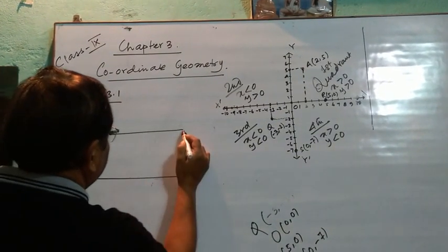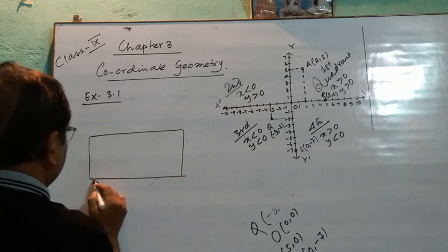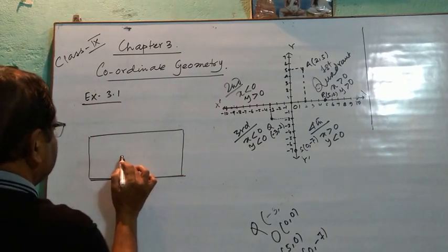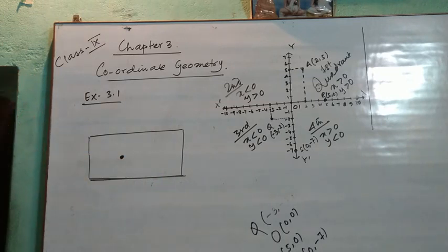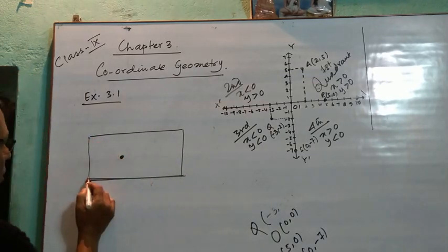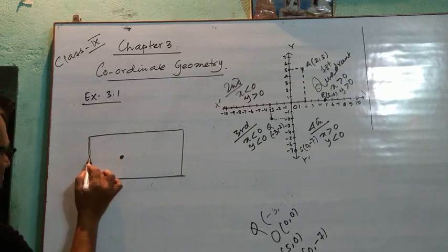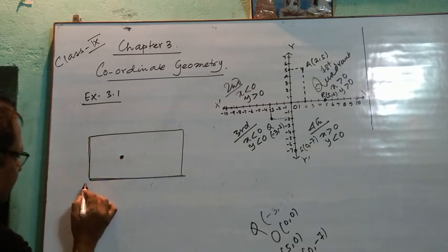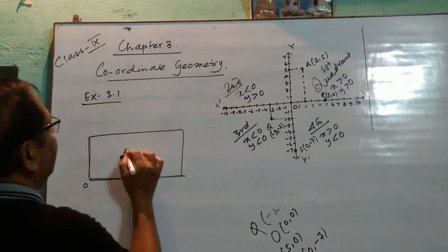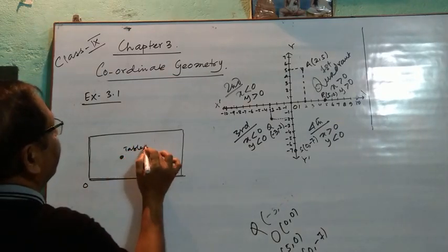Let this be the tabletop. And here lies a table lamp. Now this is a rectangular tabletop. You take any of the edges and treat it as the origin. And this is the table lamp that you are having.